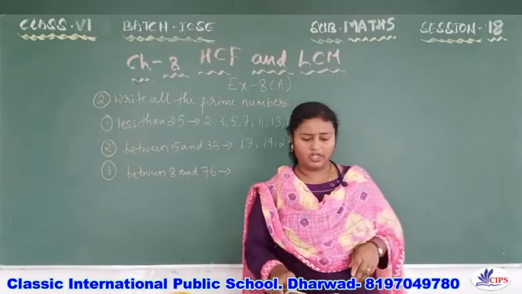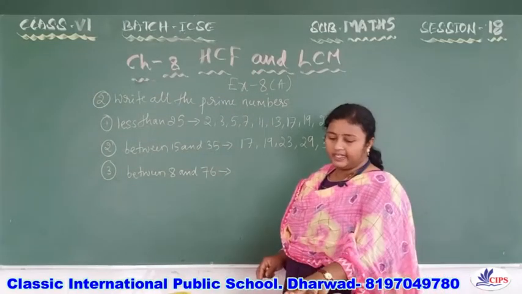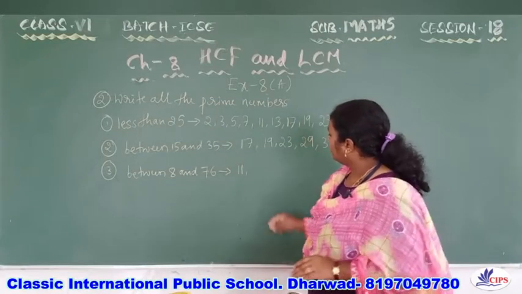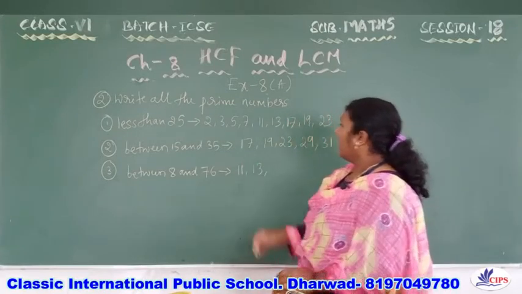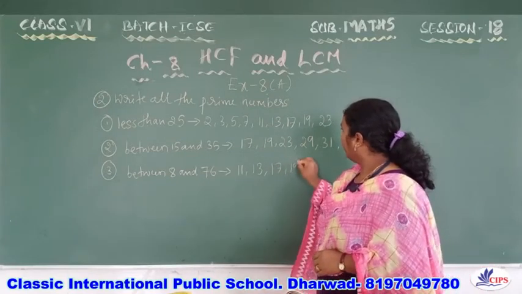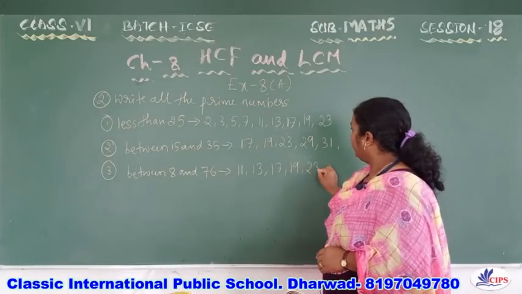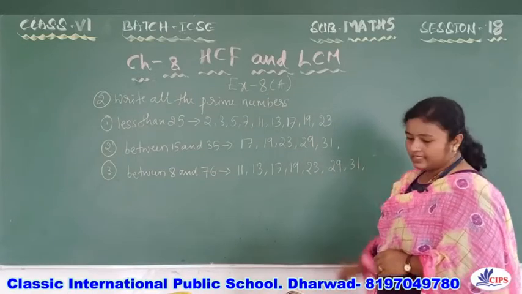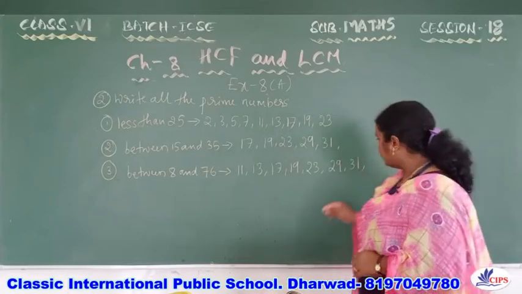You have to write all the prime numbers between 8 and 76. So here 11, then 13, after 13 it is 17, then 19, 23, 29, 31, then after 31 it is 37.